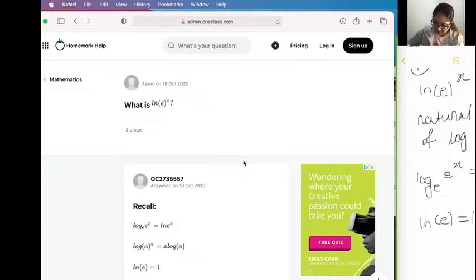So what we can do here is go back to our basic log properties.